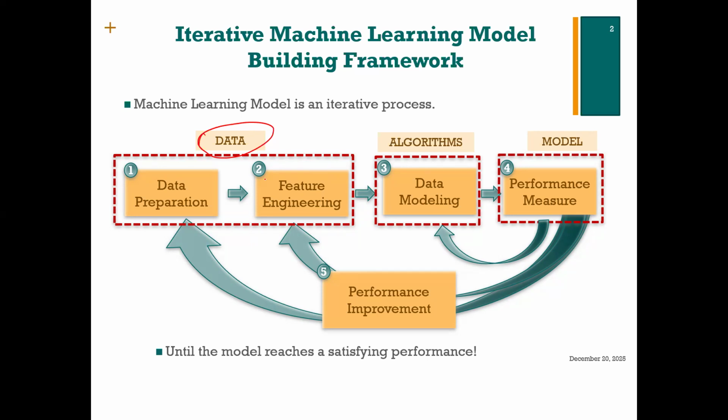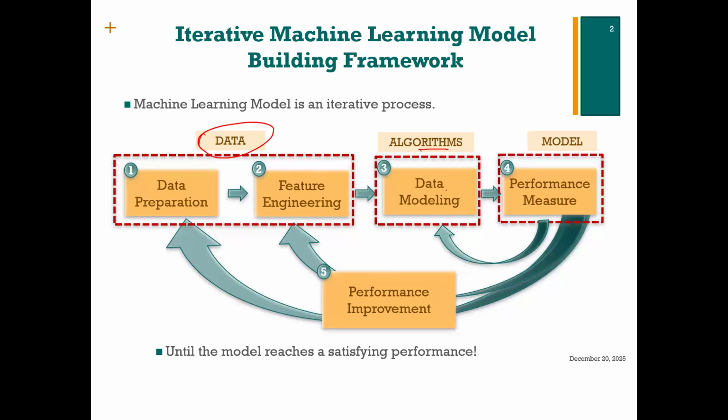But once your raw data is okay, it's ready to go into the modeling stage. Select the algorithm, run the modeling, and check your performance. You can always go back: do more hyperparameter optimization, or change your algorithm.